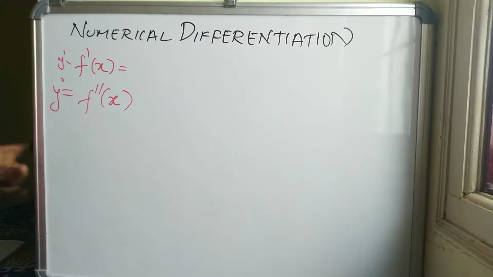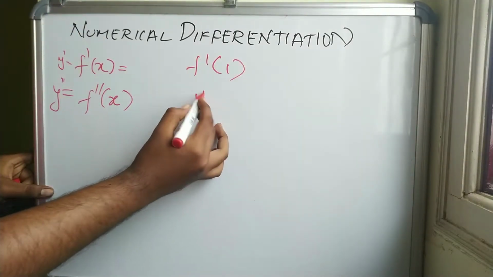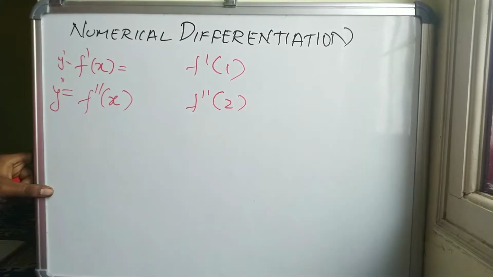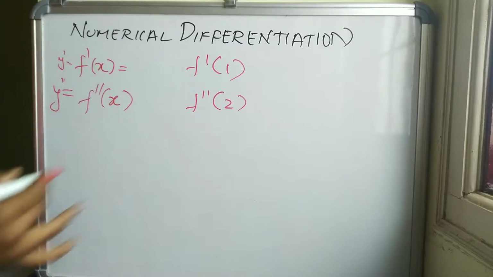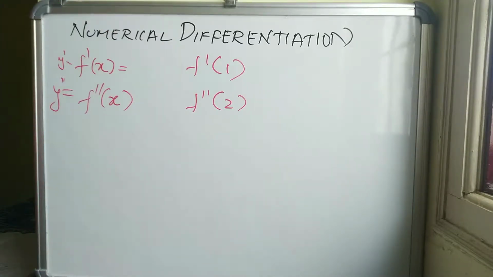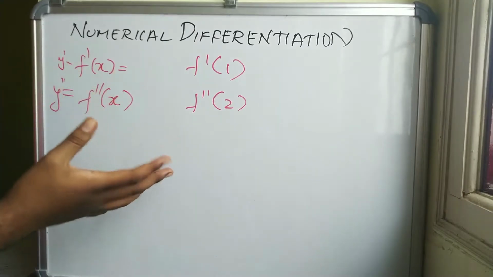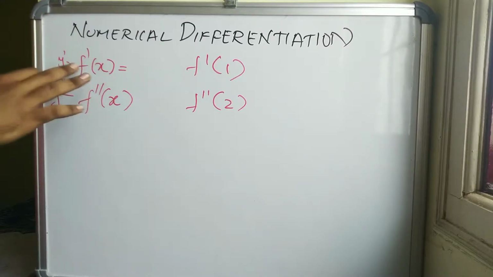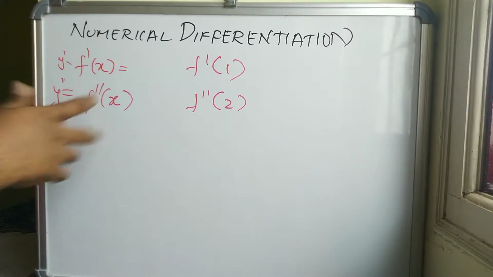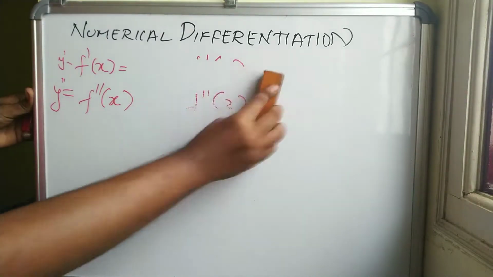So in the question, if it's asked to find f dash at some value, 1, 2, something, or f double dash at some values, you have to find them. For that, we will use one formula, that is the numerical differentiation formula. You're differentiating the Newton's interpolation formula to get f dash x, and differentiating f dash x again to get f double dash x. The formula, I directly write it.